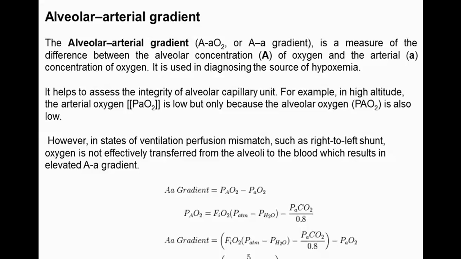So what will occur if it's 600 only? The inspired oxygen will not become 150, it will become less. So the alveolar oxygen pressure decreases. And as we discussed, everything depends on the gradient. Once it decreases, the gradient between it and the pulmonary capillaries will be decreased, so the PO2 will also decrease because the gradient decreases.